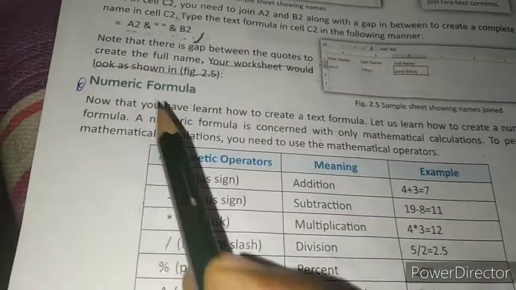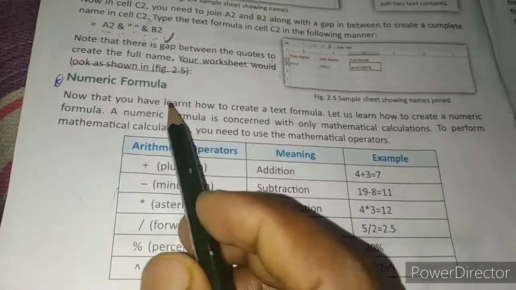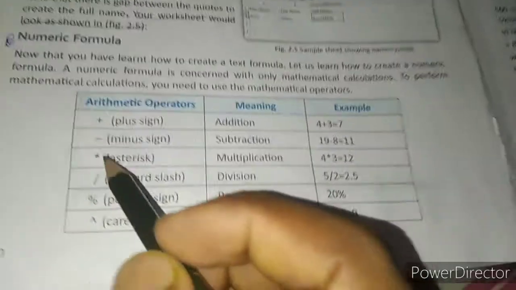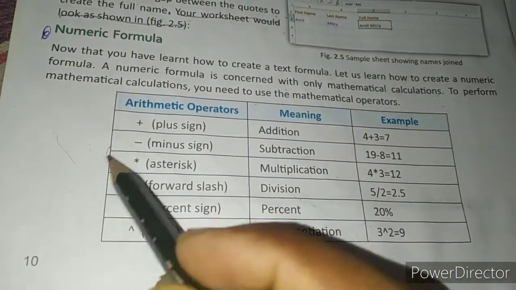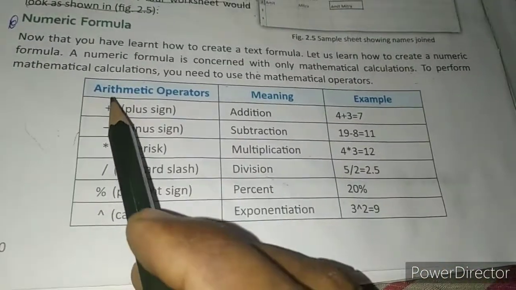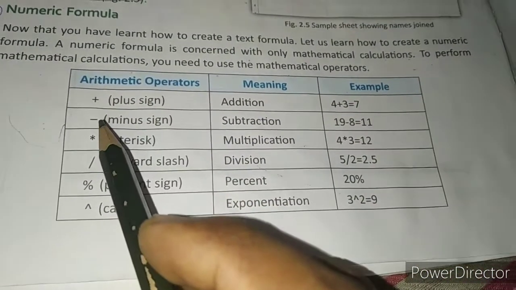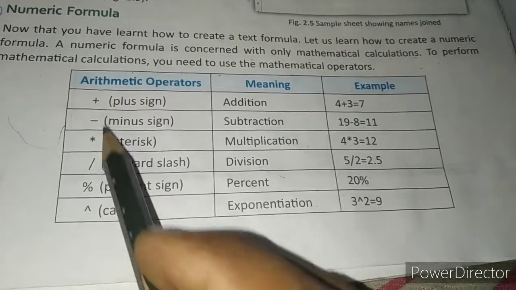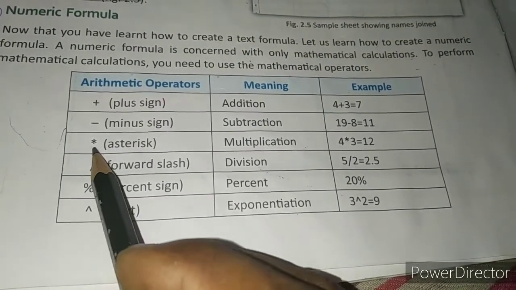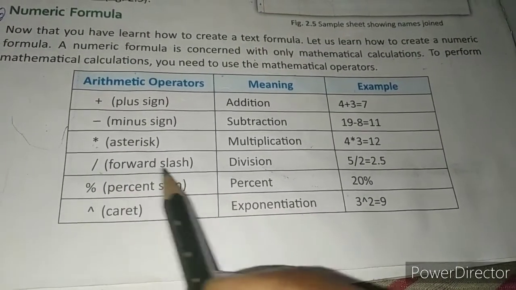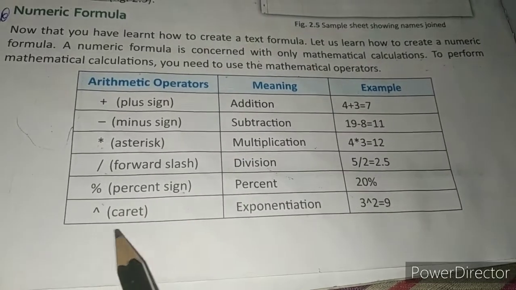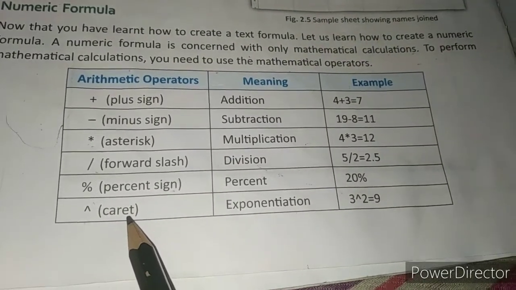Now the next thing is the numerical or numeric formula. In this, numbers are used with operators. Here the operators are the ones which are used in the computer: plus, minus, multiplication is represented by asterisk, division by forward slash, percentage by the percent sign, and caret for exponent.